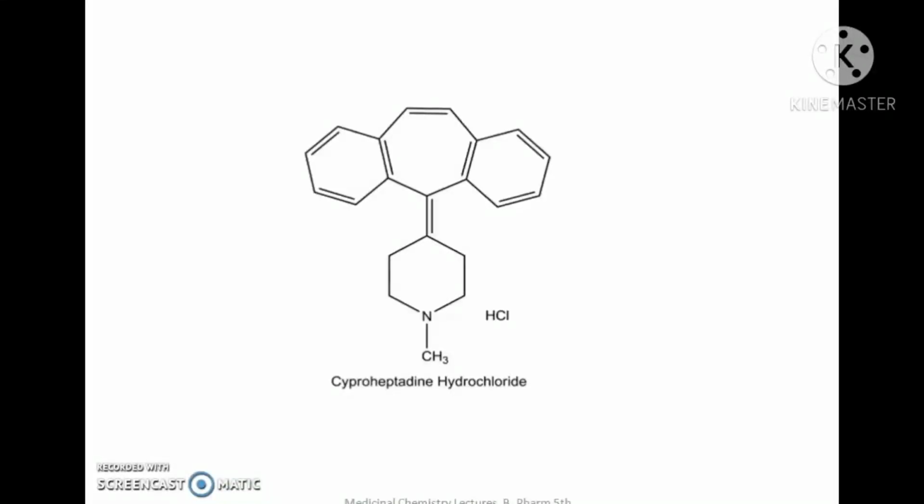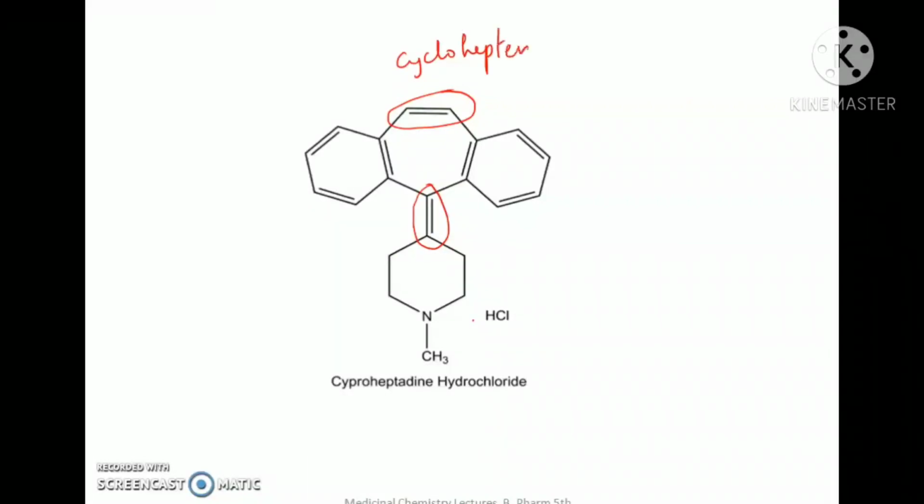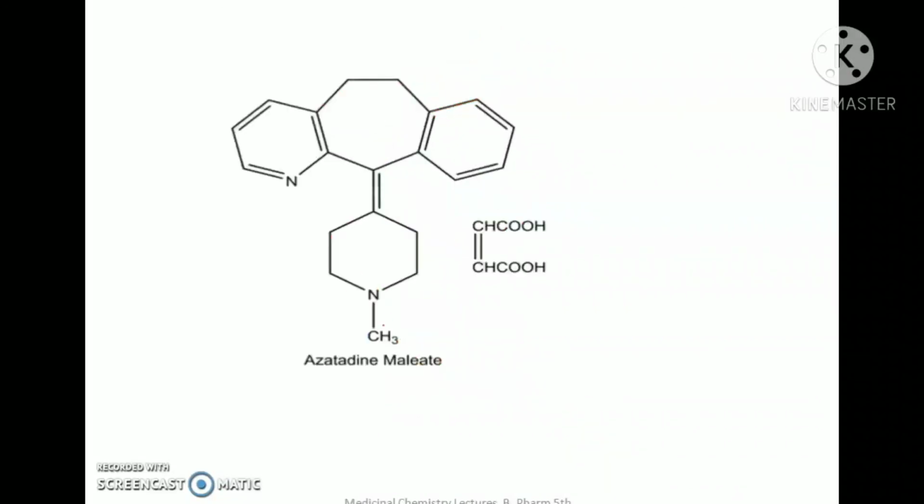See the structure of cyproheptadine. The two benzene rings are connected by a vinyl bridge, and then the nitrogen atom is replaced by an sp2 carbon atom, and that carbon atom is attached to a piperidine ring, and this is the structure of azatadine. Here the two benzene rings are connected by an ethyl bridge, and the rest is the same as that of cyproheptadine.